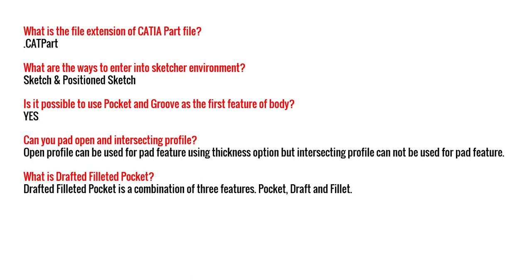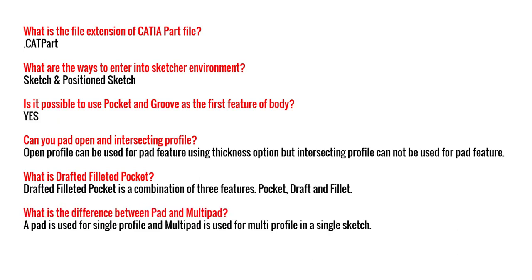Exactly similar to that, we have drafted filleted pad, which will give us the material addition. In the same manner, applying drafted filleted pad will show you three features: pad, draft, and edge fillets.